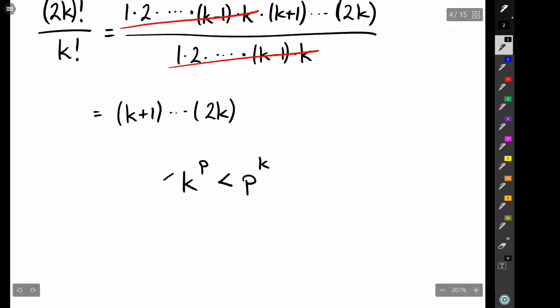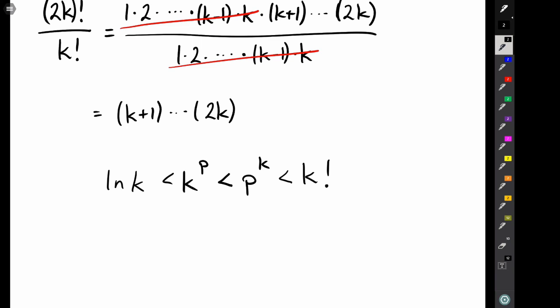And we know polynomials are faster than, say, logarithms, for example. But what we also know is that factorials are actually much, much faster than exponential functions, because an exponential function just multiplies the same number over and over and over.